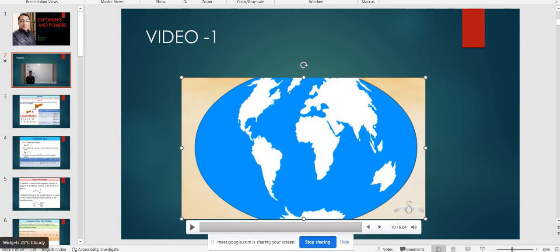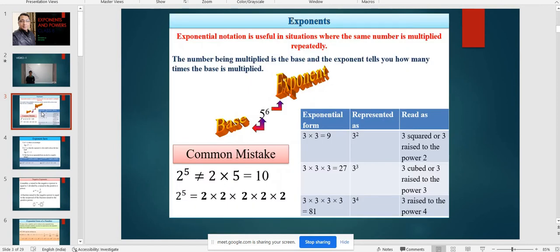Okay, I hope you enjoyed this video and you have understood the concept and meaning of exponent, right? Then we'll see some more concepts. So what did you understand from the video, what is an exponent? Exponential notation is useful in situations where the same number is multiplied repeatedly.